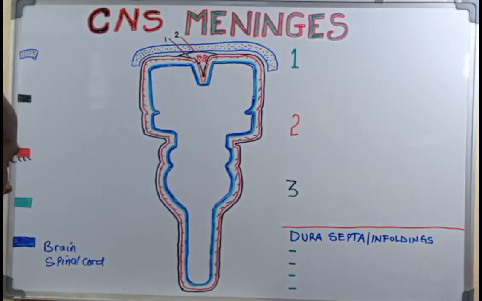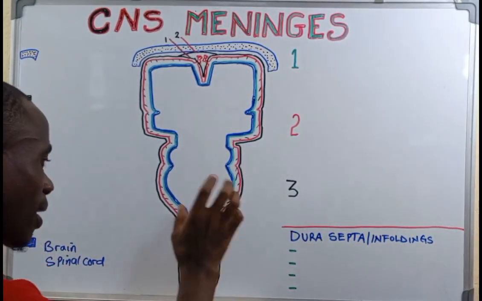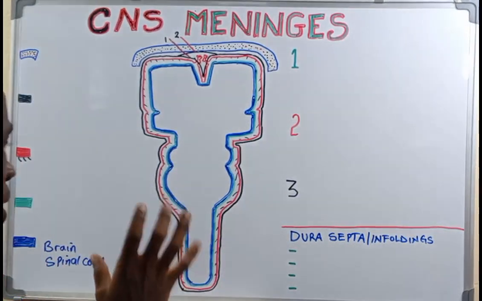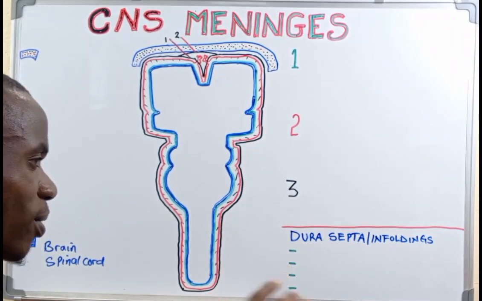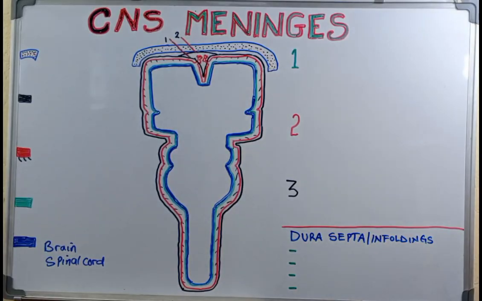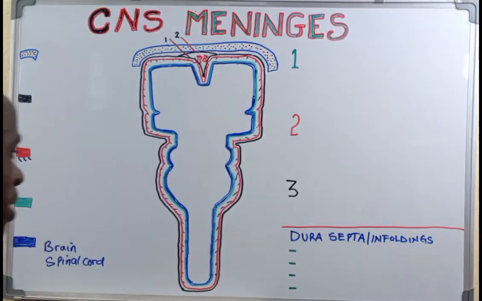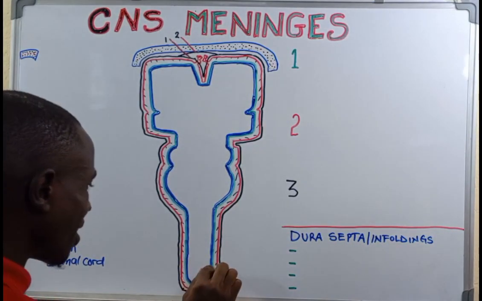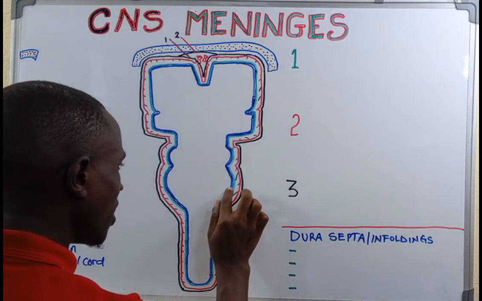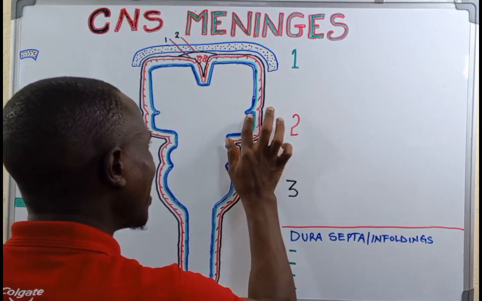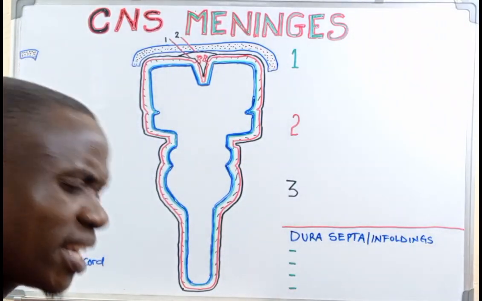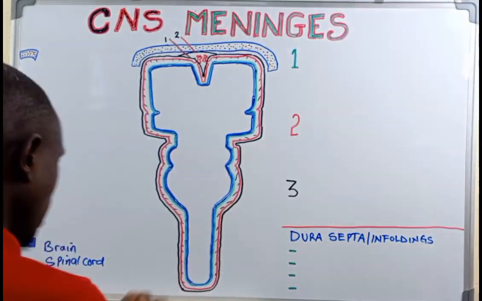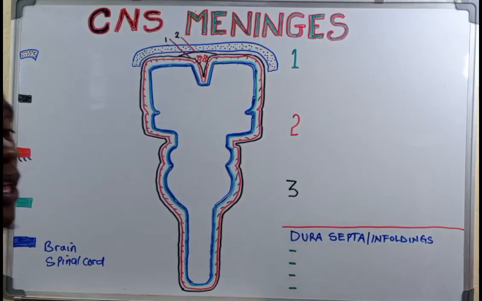Now we want to see the first meninges. We are going to arrange them from inside, from the brain and the spinal cord, going outwards. So when you see this green meningeal layer running with the brain and the spinal cord, the first innermost meningeal layer is what we call the pia mater.